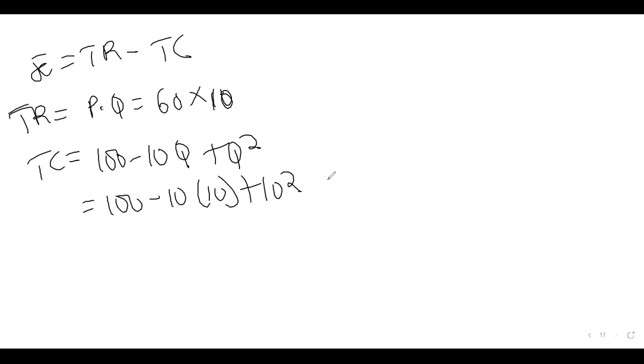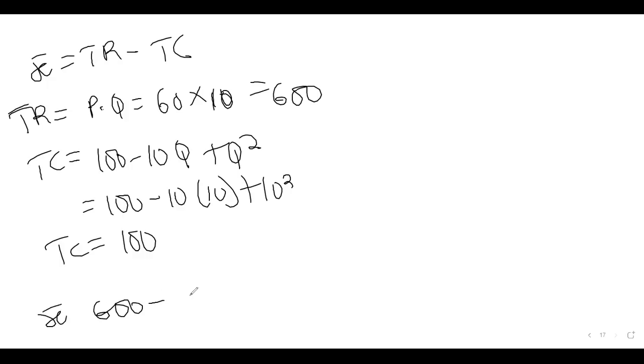So I think you get 100. So the monopolist profit is the total revenue, which is 600, minus the total cost, which is 100. So the monopolist profit is what? 500 cedis. That is the monopolist profit. It is 500 cedis.